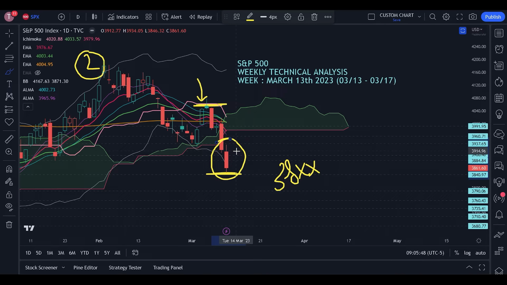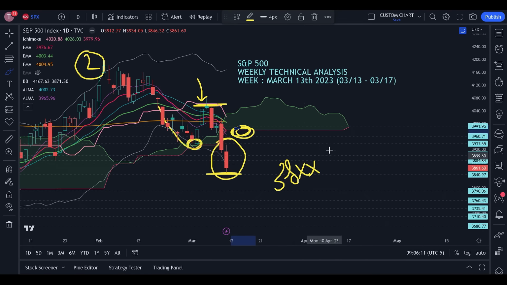S&P 500, Dow Jones, and all other indices are absolutely 100% bearish. Because we have seen two consecutive heavy red candles below the Ichimoku cloud, this means that the same Ichimoku cloud that was earlier acting as a strong support for the S&P 500 is now going to act as a strong resistance for the S&P 500.